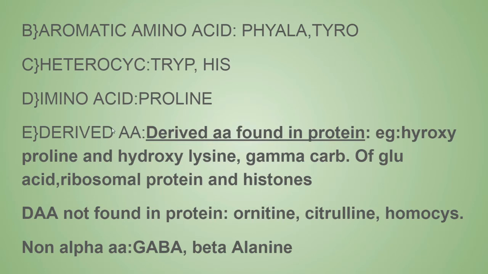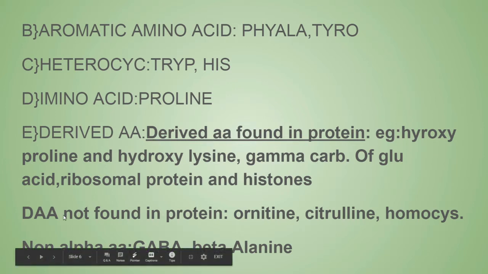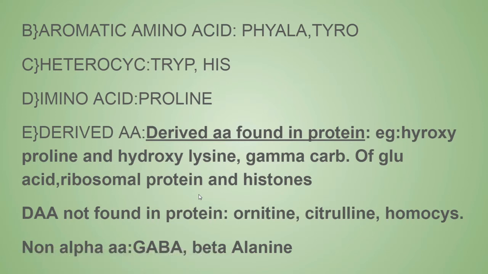Now next is the derived amino acids. Derived amino acids are of three types: derived amino acids found in protein, derived amino acids not found in protein, and non-alpha amino acids. Derived amino acids found in protein are those where, after synthesis of the protein, some of the amino acids are modified.